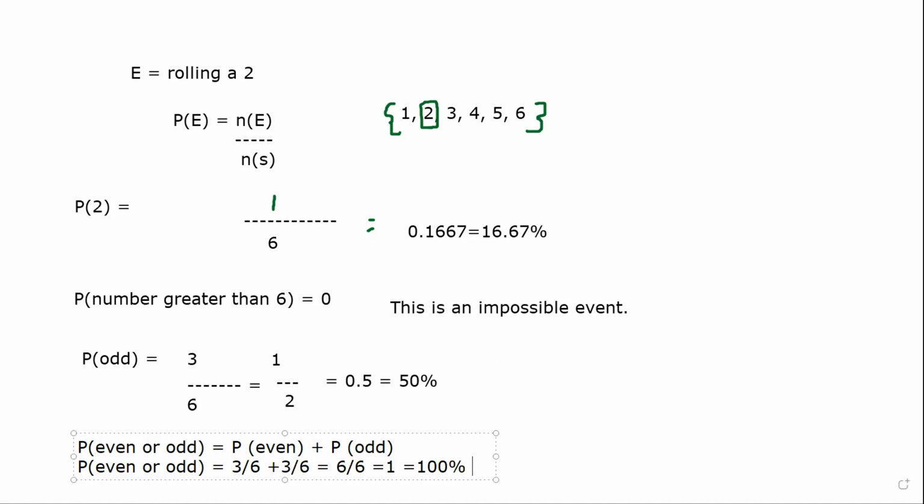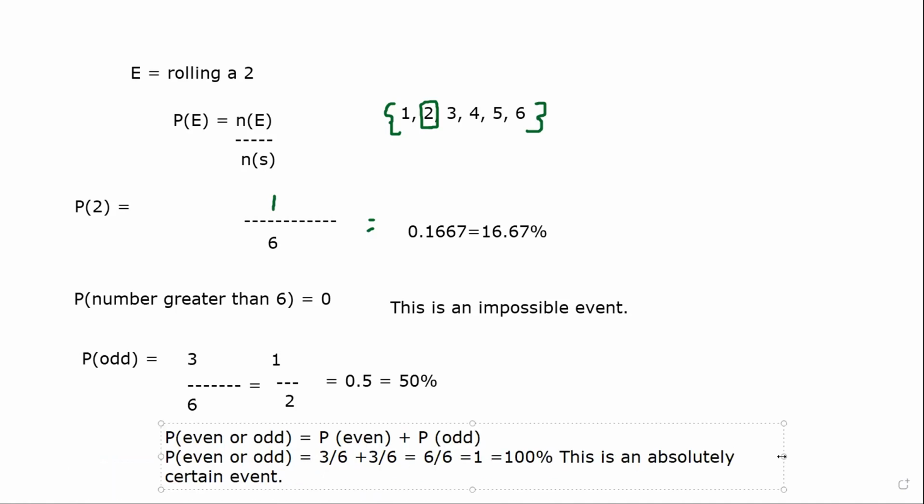And this is what we call an absolutely certain event. You can only roll an even or an odd number. No matter how many dice you have, you can only roll an even or an odd number. So this is an absolutely certain event.